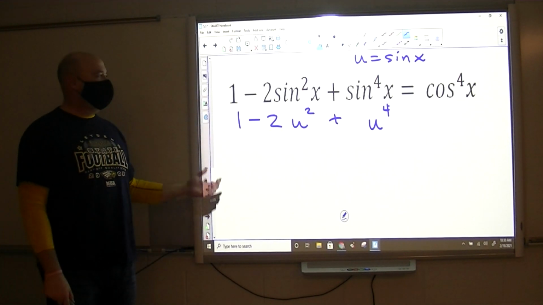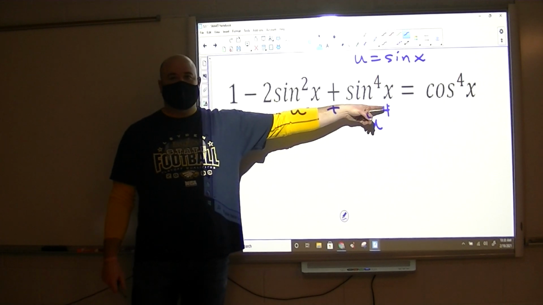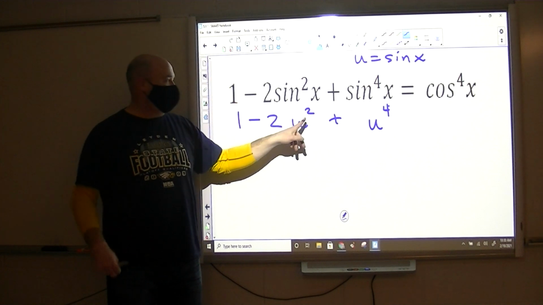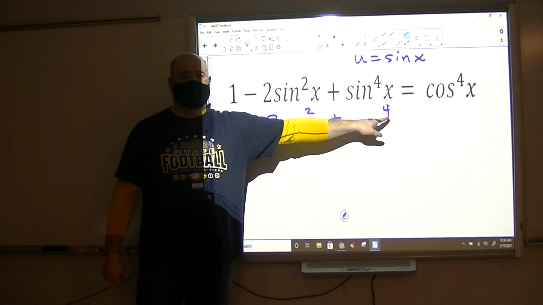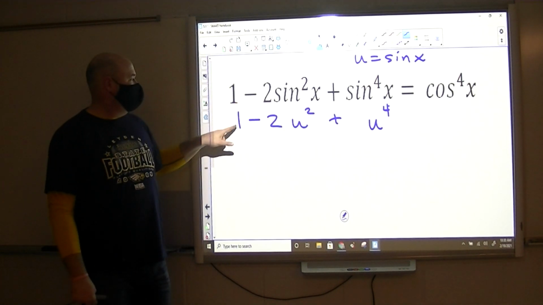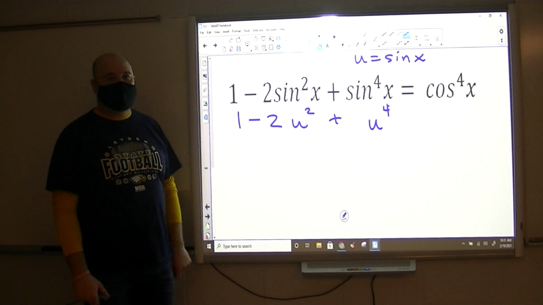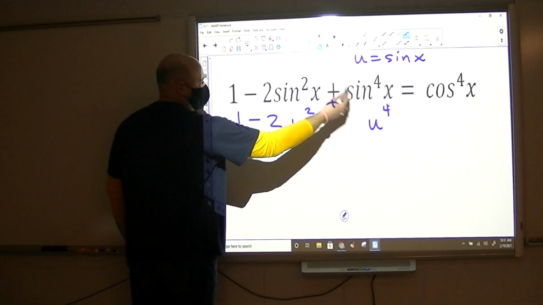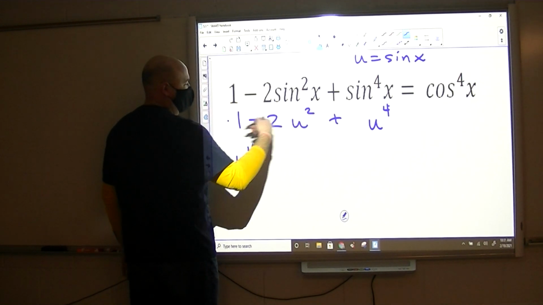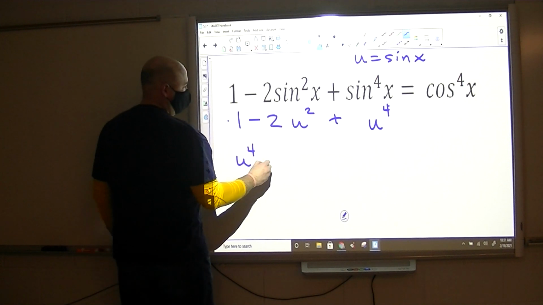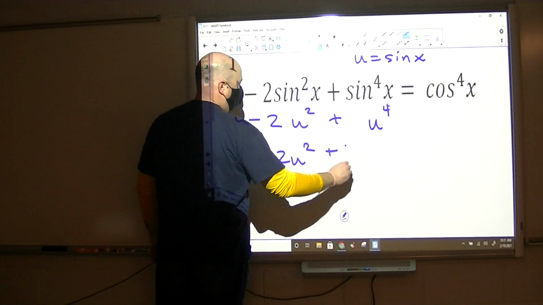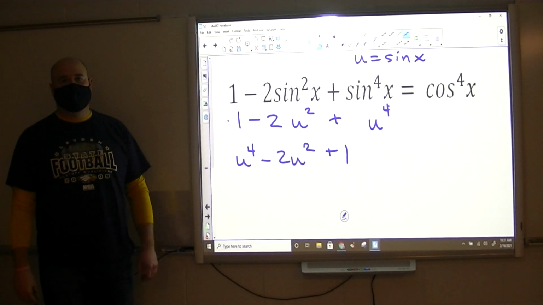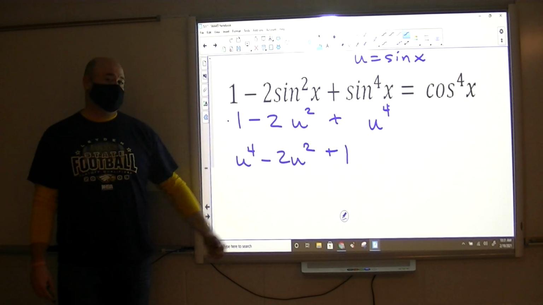And what can we do with a fourth degree trinomial where the middle term is half the exponent of that, and there's a floating constant? It might help if I rewrite it where that's in front, and since these are both positive, I'm just going to flip those two. If I wrote it like this, what can I do with that? An even degree trinomial.